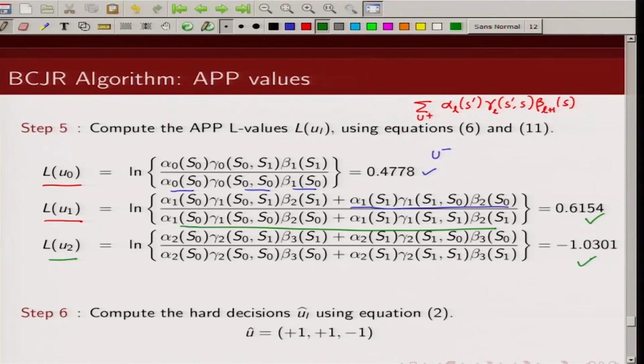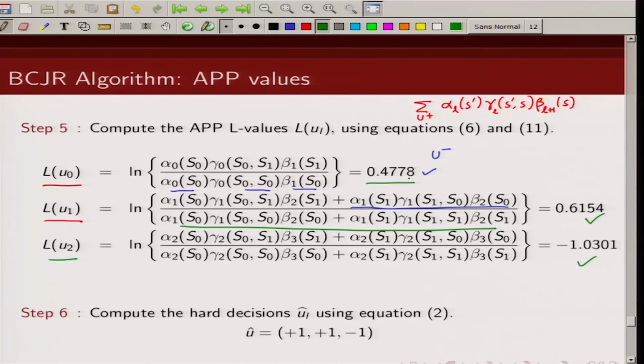Now, what is the final step? Once we have computed the log likelihood ratios, we will see whether they are greater than 0 or less than 0. If they are greater than or equal to 0, we decide in favor of UL being plus 1, otherwise we decide in favor of UL being minus 1.